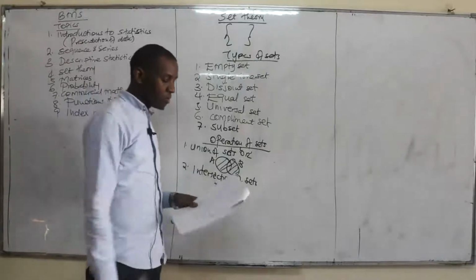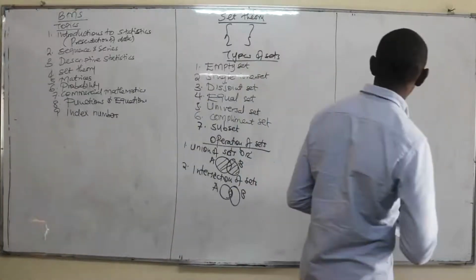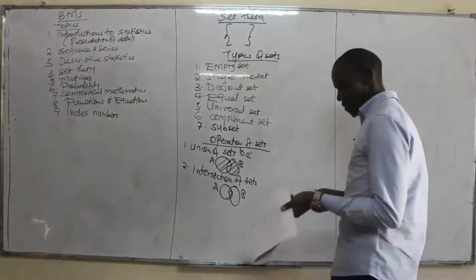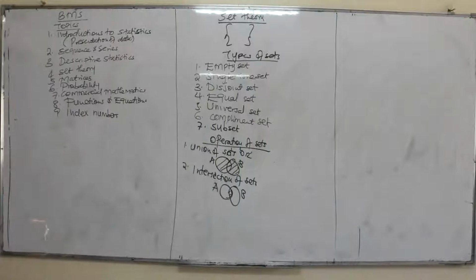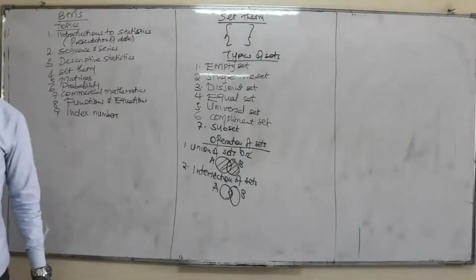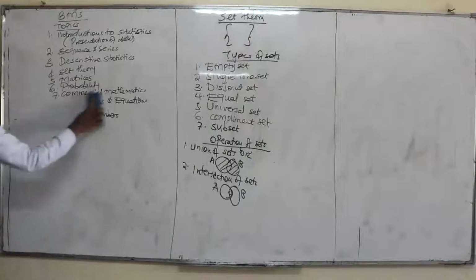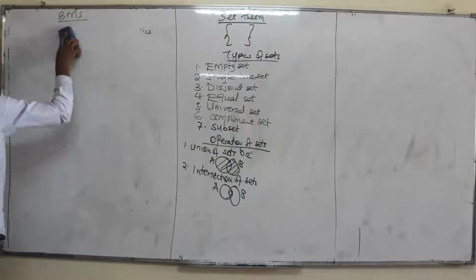So without wasting time, we can try a question on the same to understand how you can do in that area. And remember, sets are represented by the use of Venn diagrams.